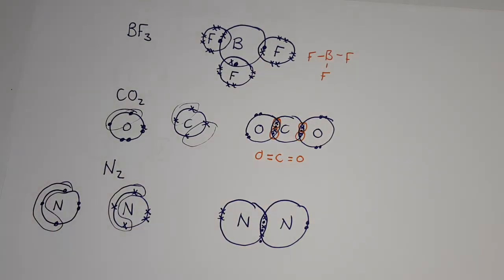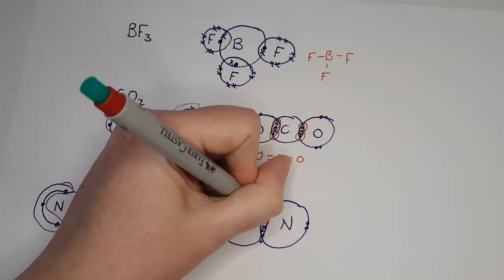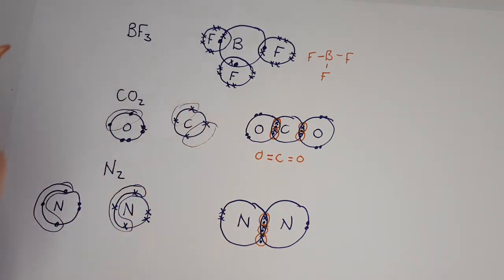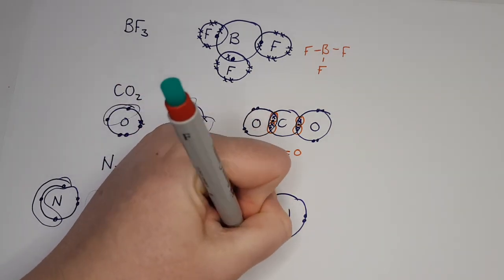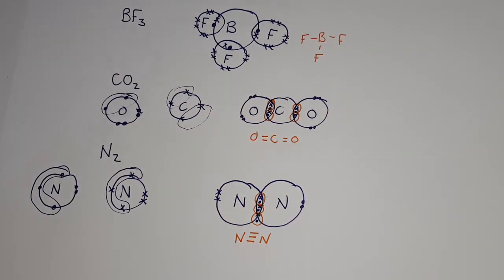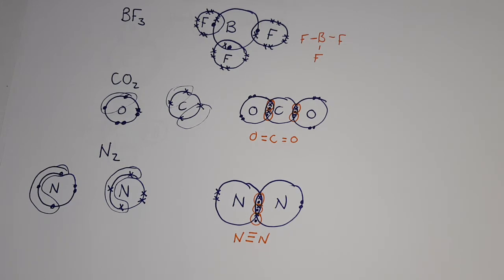So now, since it was sharing 1, 2, 3 pairs, it's now N with 3 bonds to N, and that's a triple bond. So you can have any amount of bonds as long as there is the correct number of electrons that are being shared with each other.